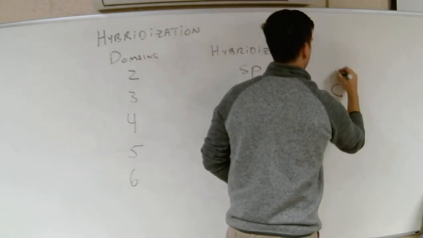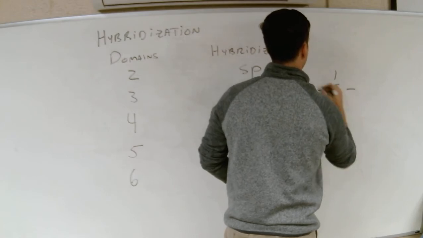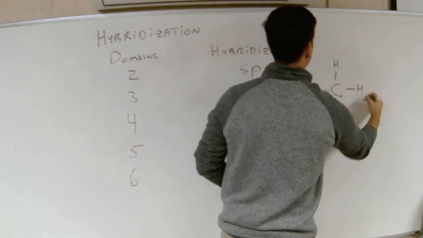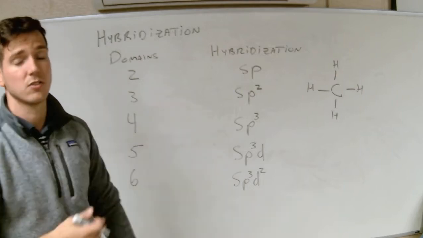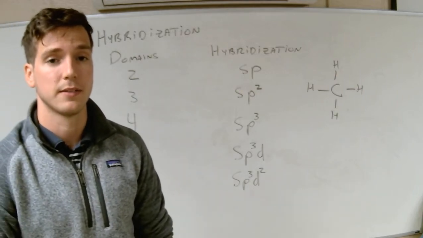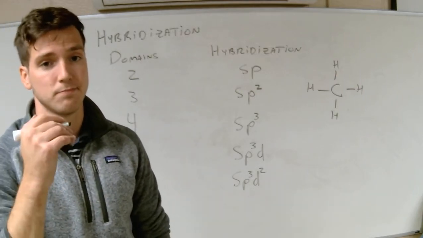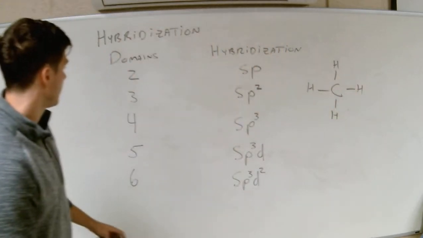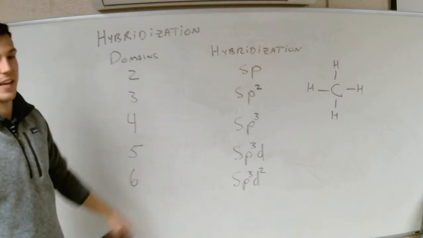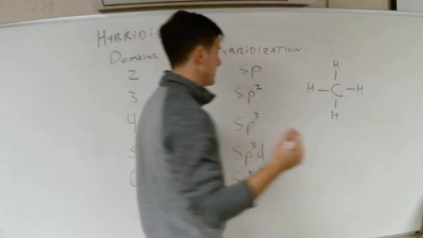Okay, so if we were to look at something like, let's go with our basic CH4. How many domains are around that CH4? 4. 1, 2, 3, 4. So that means our hybridization around that central atom is sp3.